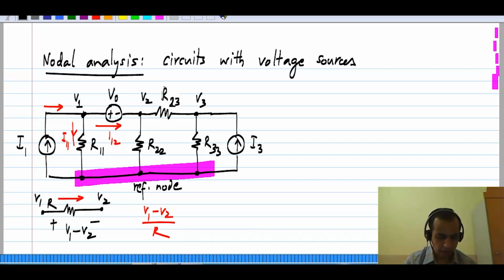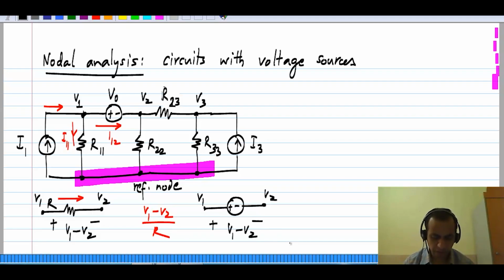Okay. On the other hand, if you have a voltage source with V1 and V2 at either ends, the voltage of the voltage source of course is V1 minus V2. It has to be for these two voltages to be V1 and V2.